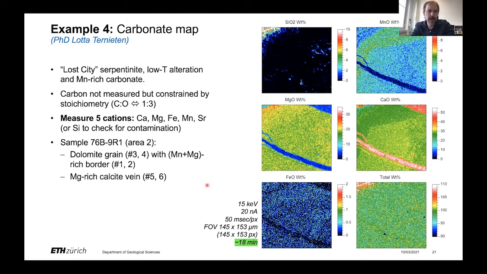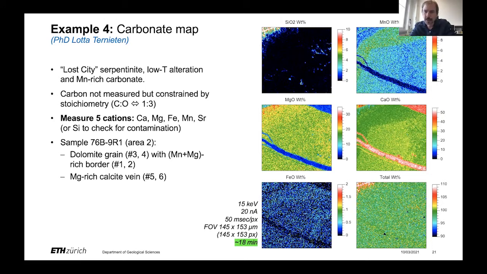So you can see here these maps quantified, and we have nicely shown that we do have this rim of dolomite that is enriched in manganese. We also have a vein of almost pure calcite. All these maps basically show you the possible zoning that you have in your mineral.